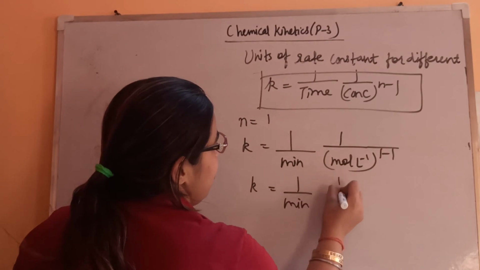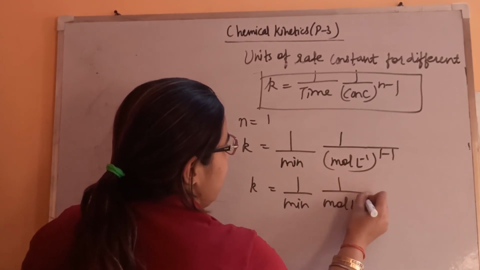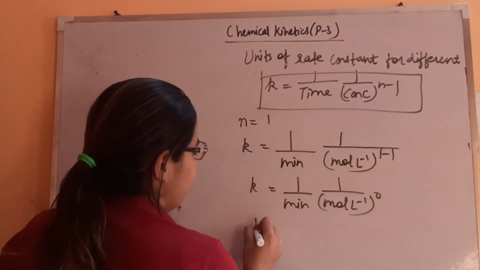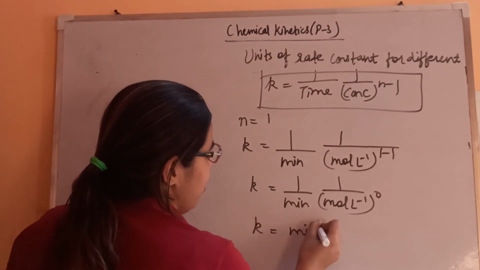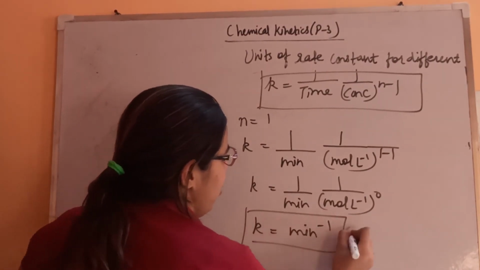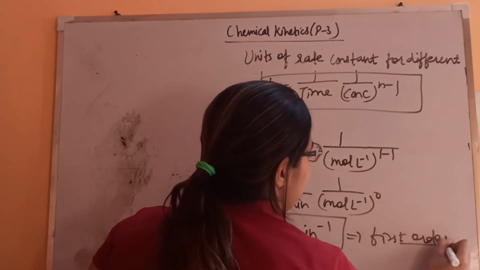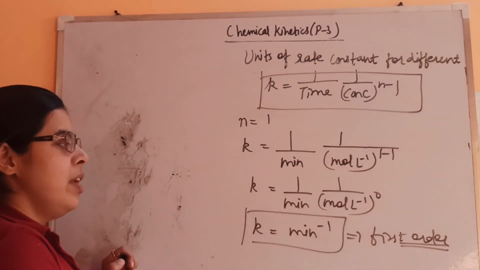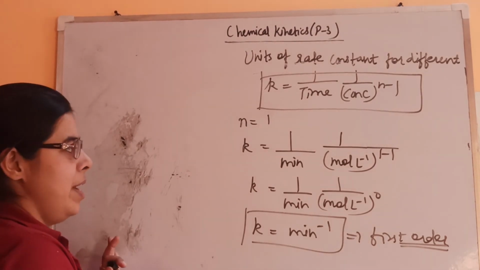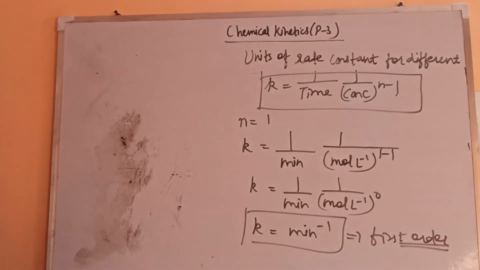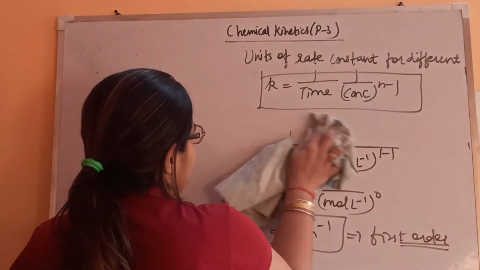Moles per liter to the power 0 will become 1, so K is equal to only per minute. So these are the units for first order reaction, per minute or per second. So it means it is independent of the concentration unit, first order reaction, per minute. Fine. Now let's see for the next one.